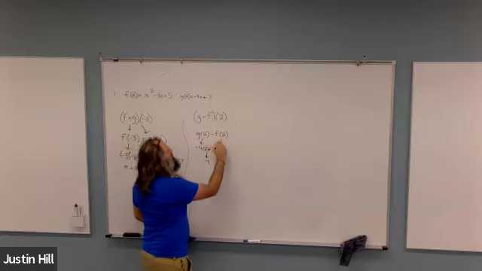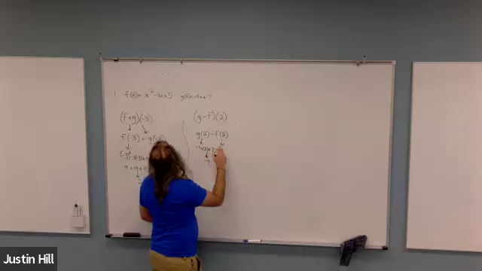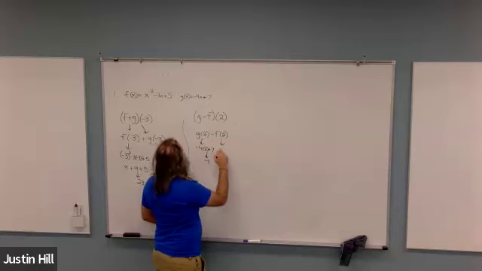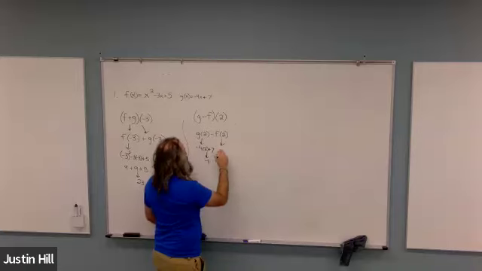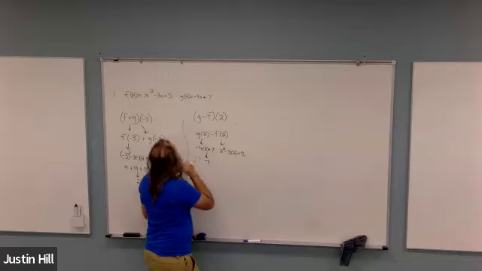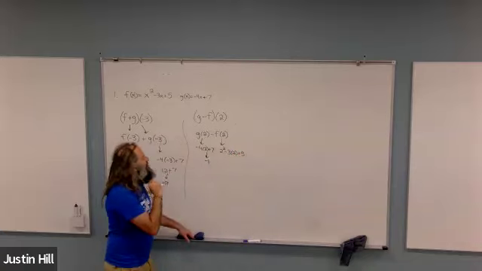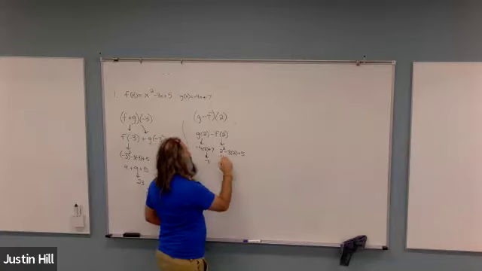And what about f of 2? What is it? 2 squared minus 3 times 2 plus 5. So that's 4 minus 6 plus 5.